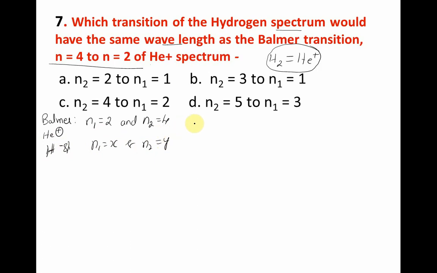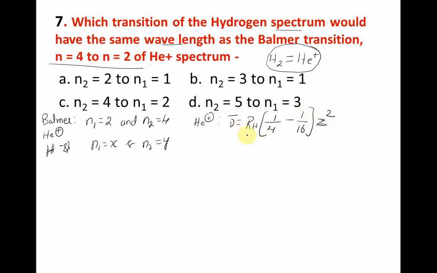So for the He+ ion, if I calculate, mu bar is equal to RH into 1 by n1 square, that is 4, minus 1 by n2 square, that is 16. It becomes 16 minus 4, 12, by 16, so finally 3 by 16. I forgot to write Z square also, sorry.